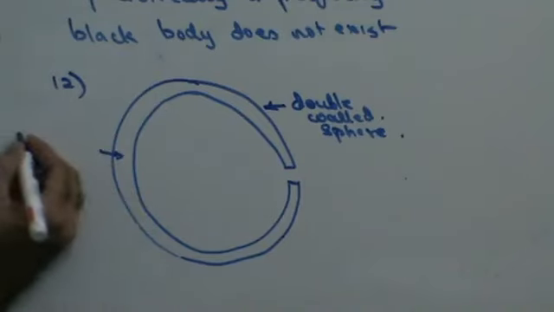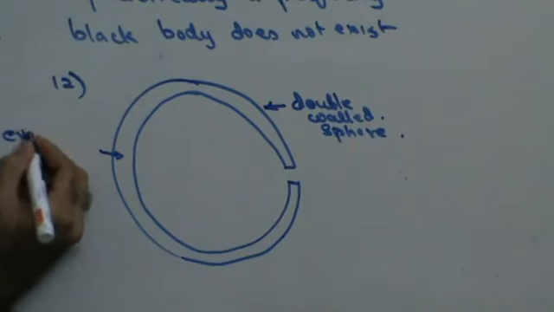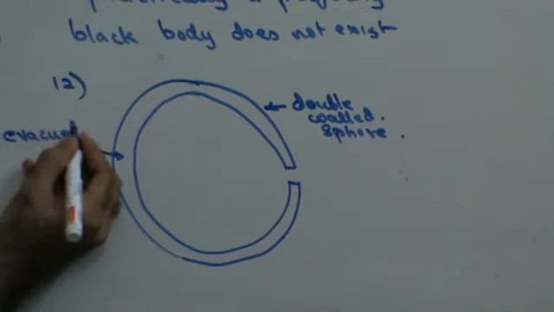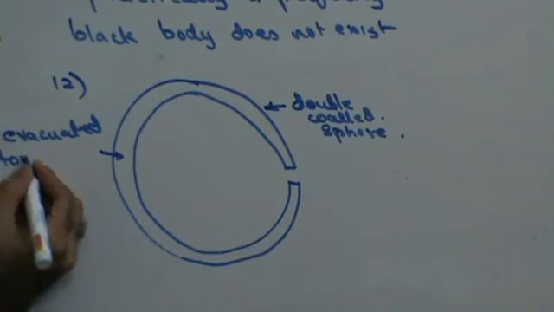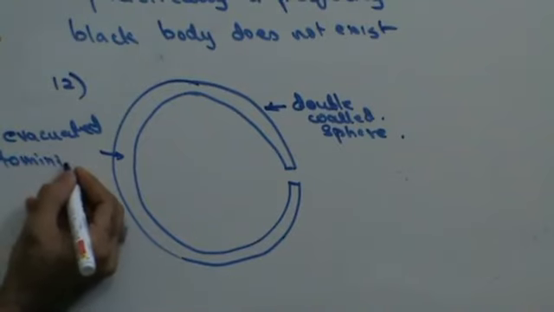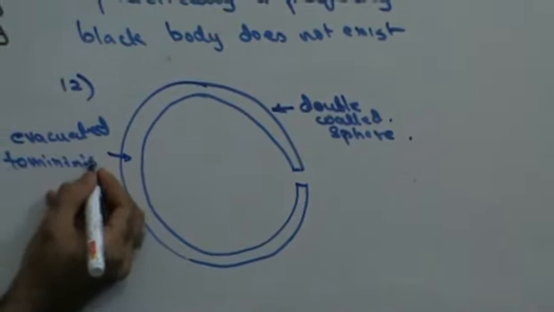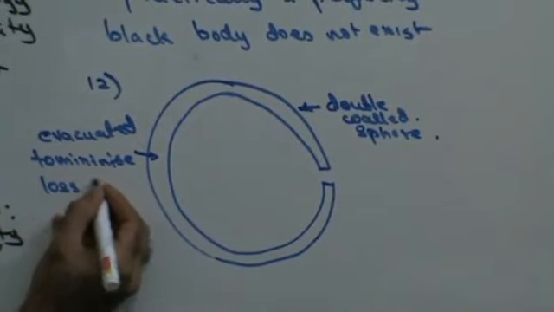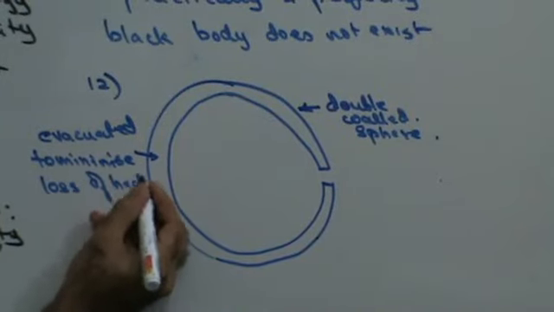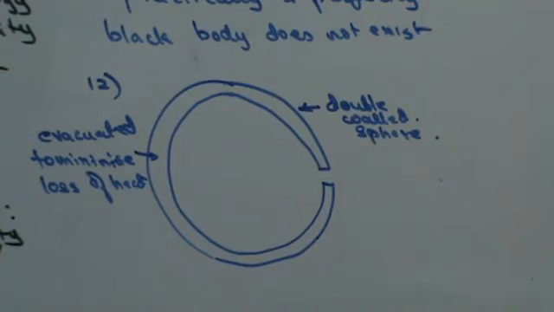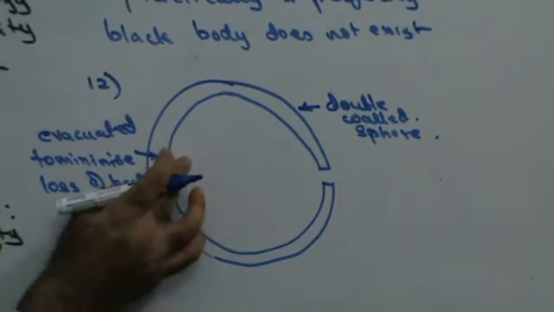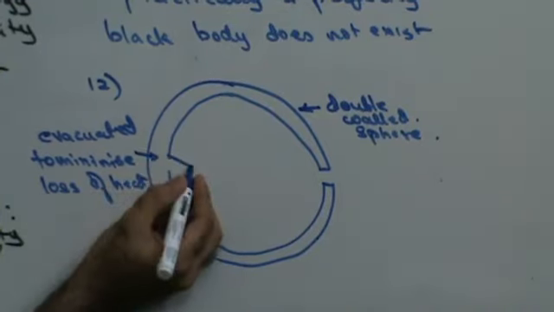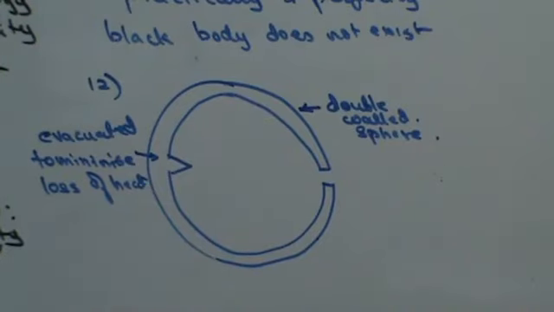Now, you have a conical projection which is diametrically opposite to the hole.